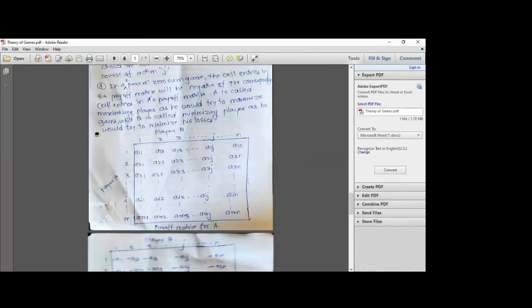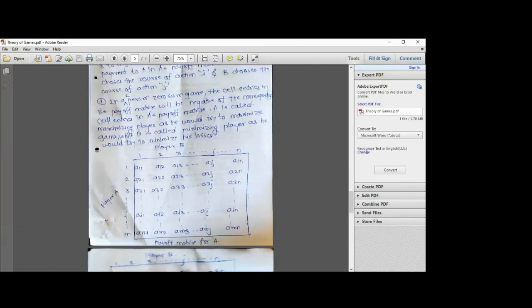So what I have written as A11, A12, A13, Aij, these are all payments that A is going to receive. If A11 has a positive value, that means he is gaining that amount. If A12 has a negative sign, that means he is losing that amount.